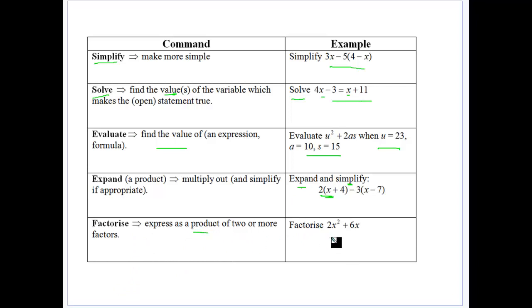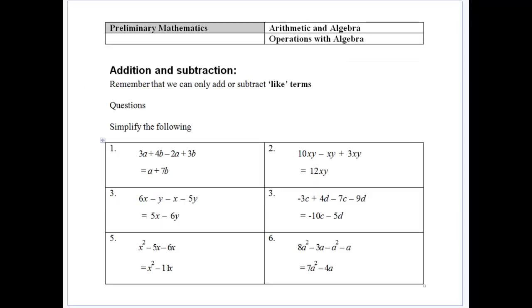As we've got it here, it's just an addition of two terms, but what we want to do is make it a product of two or more factors when we factorize. So we want to get back to a situation where we've got the brackets in there. So that's what we talk about when we ask questions with algebra. We want to do one of those things. You'll see those in questions, and you've got to understand and realize what the question wants you to do.